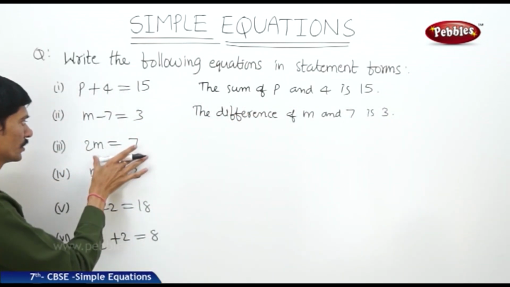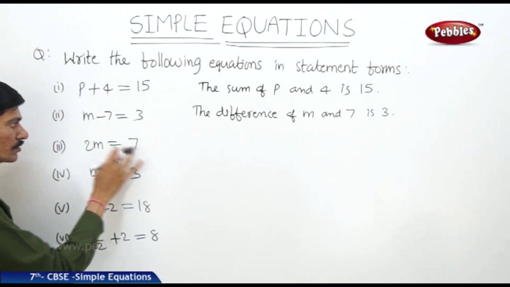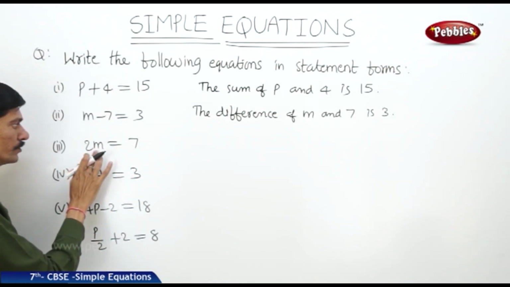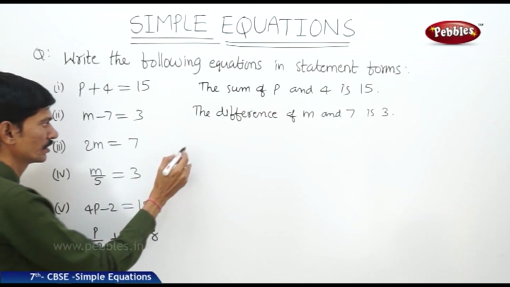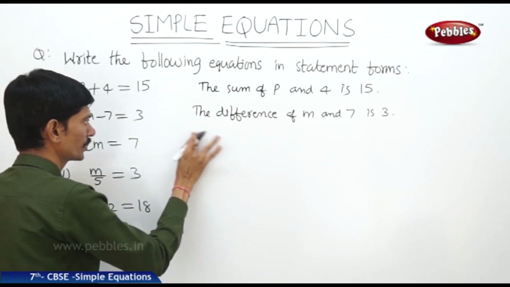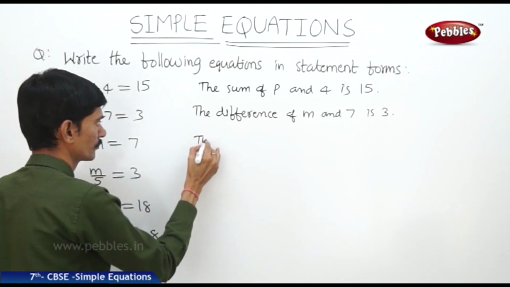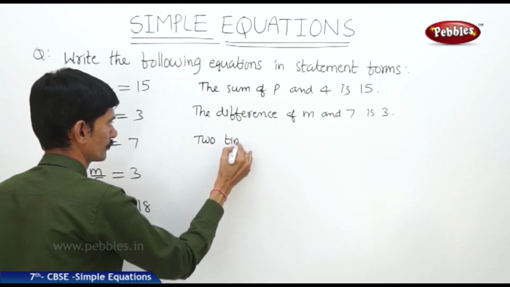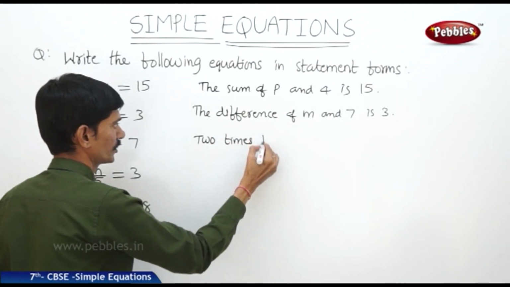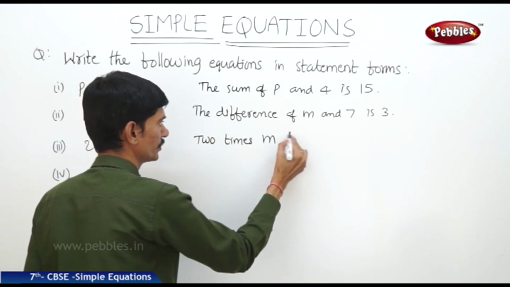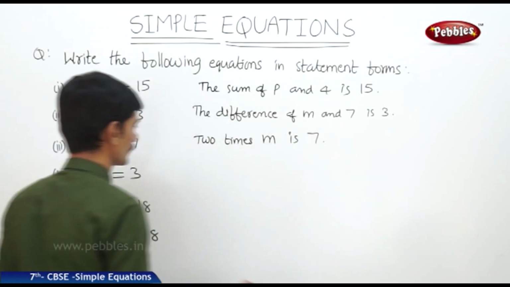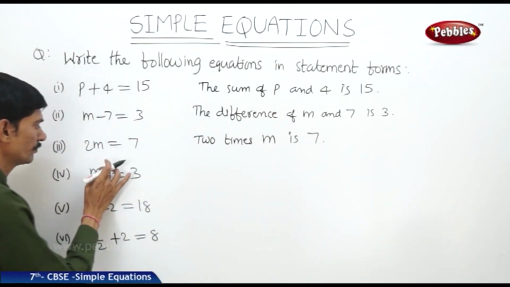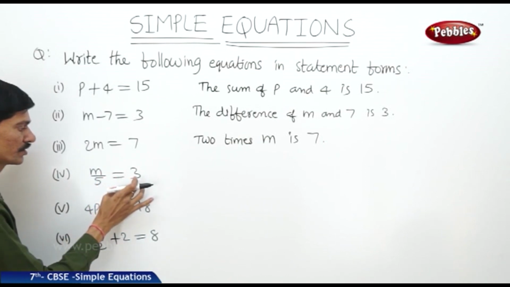Now the third equation, 2m equals 7. So here 2 times m is 7. So we can write 2 times the variable m is 7. Now the next equation, m divided by 5 equals 3.